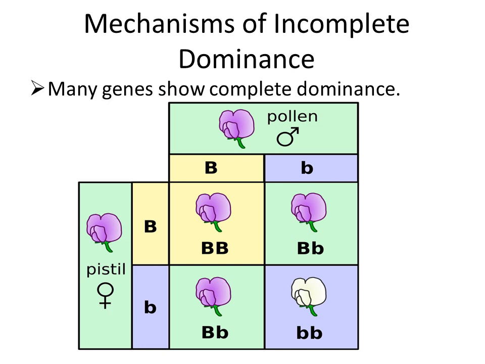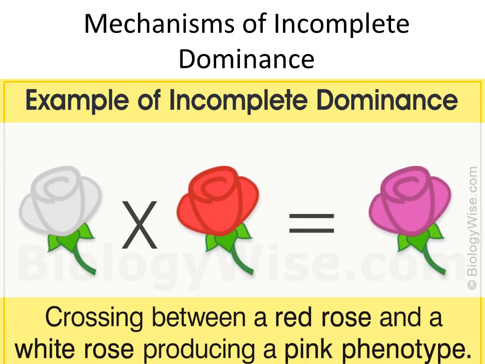This was Mendel's law of dominance. But in this case, for incomplete dominance, it's a different story. Can you see the difference? White crossed with red. The result is not white, it's not red, instead blending of both, which is now pink.